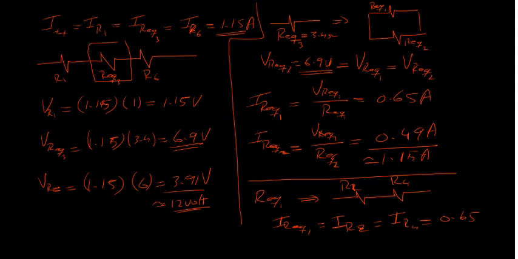Now, to calculate the voltage, we're just going to follow Ohm's law, and that will give me this. The voltage of resistor 2 will be the current multiplied by R2, and that will give me 1.12 volt.